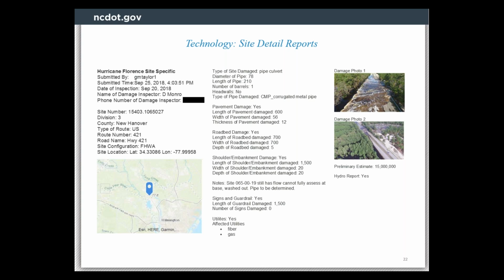And photos, I failed to mention this, photos are easily, as the inspector is filling out the form, putting in all the information with that device, that phone or tablet, he can take a picture of the damage and it's automatically uploaded and associated with that dot, with all of that information tied to that particular geo-referenced location.